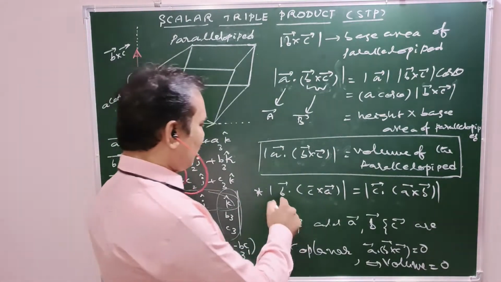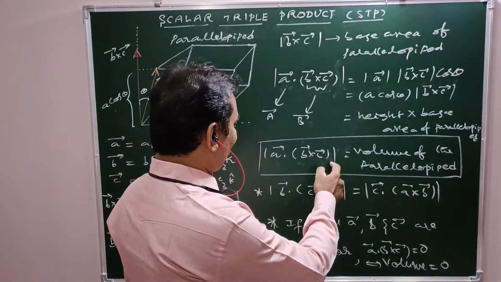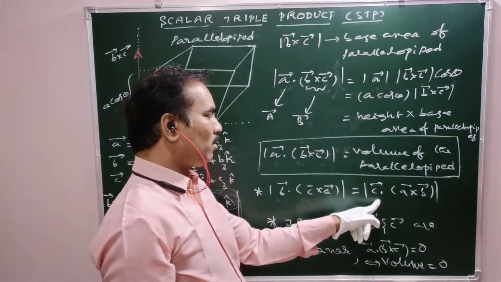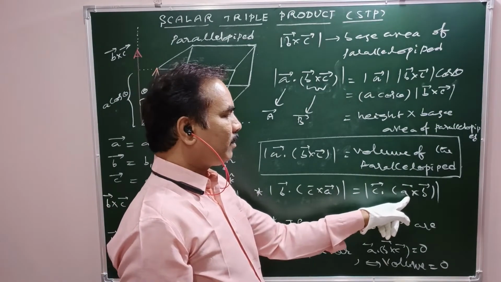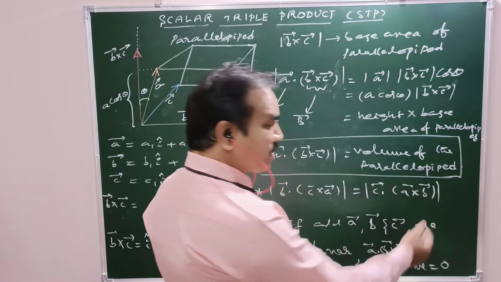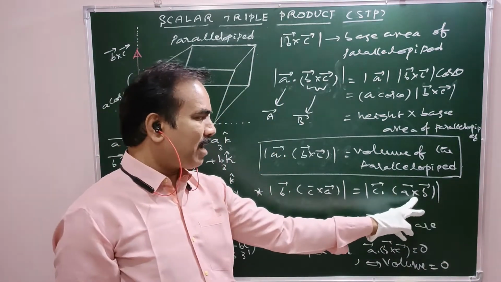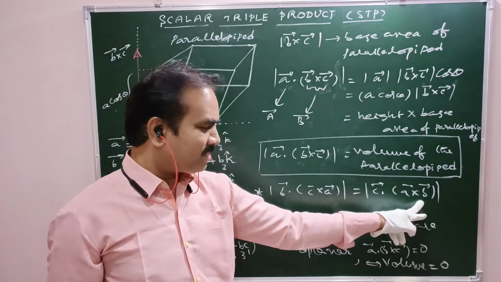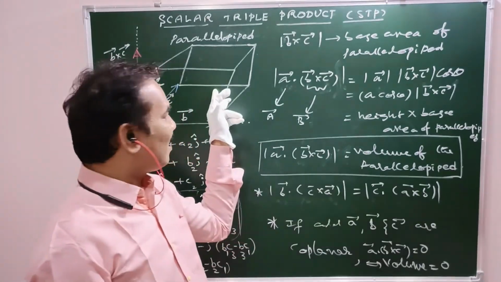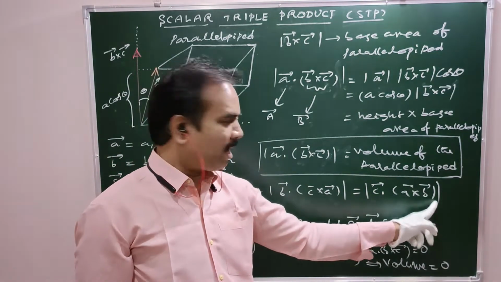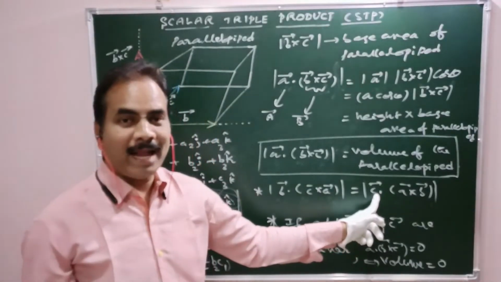That is, mod A bar dot B bar cross C bar is also equal to mod B bar dot C bar cross A bar, also equal to mod C bar dot A bar cross B bar. See, in the third case, mod A bar cross B bar is the base area of the parallelepiped. That means the figure is tilted such that the bottom plane is contained by A bar and B bar. Now C cos theta becomes equal to the height of the figure.